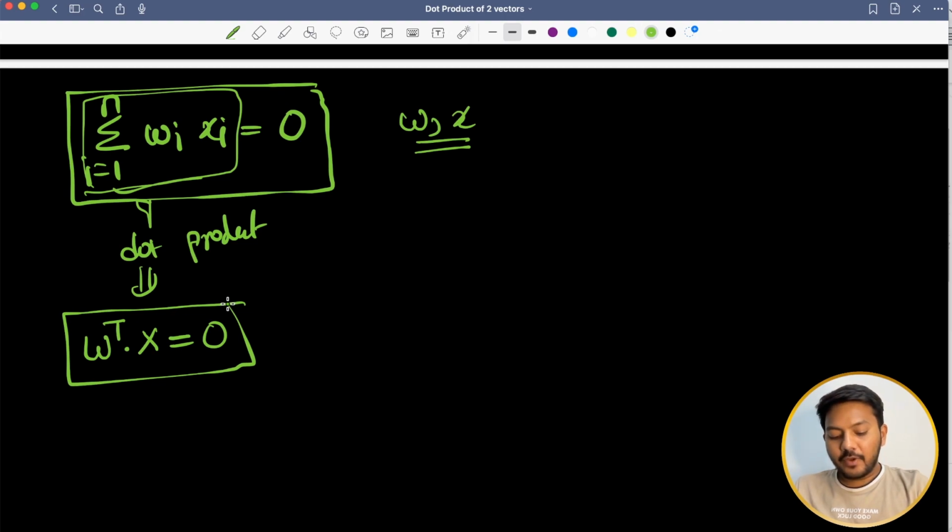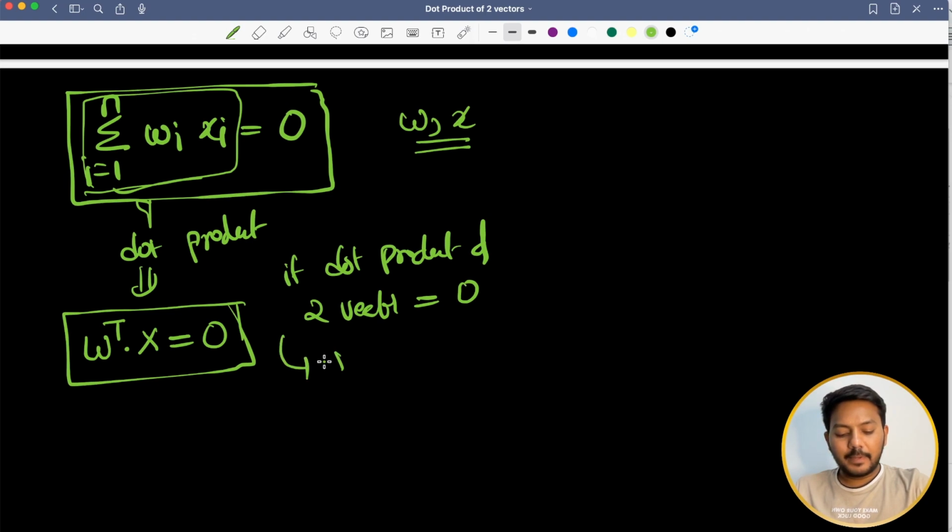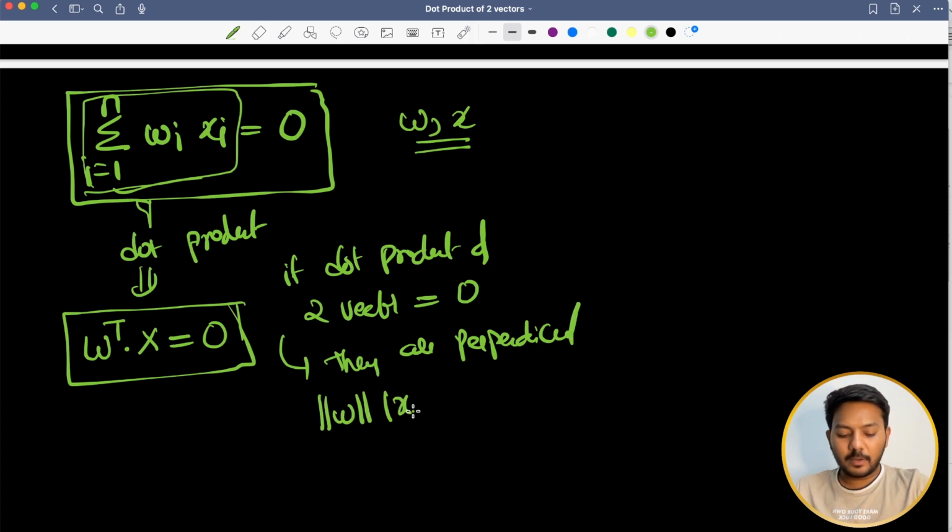Clear? And we have also seen that if the dot product of two vectors is equal to 0, that means they are perpendicular. Why is it perpendicular? It is related to modulus of w into modulus of x into cos theta, and because it is 0, theta should be 90 degrees.